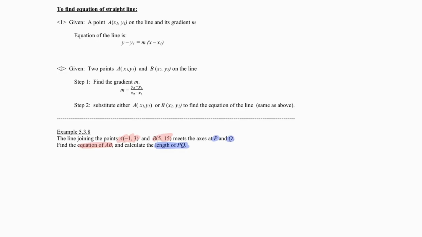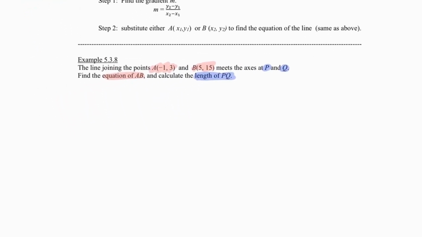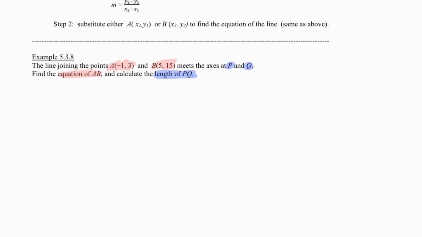I'm going to apply approach 2 here. Step 1, find the gradient. So let me just put it down here.